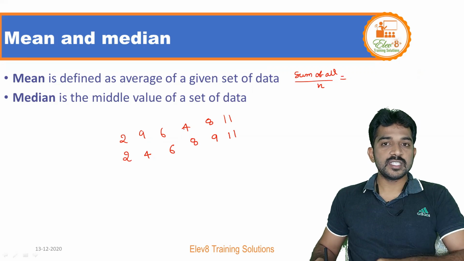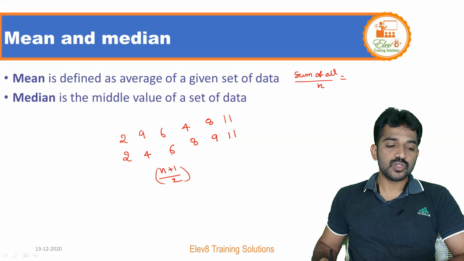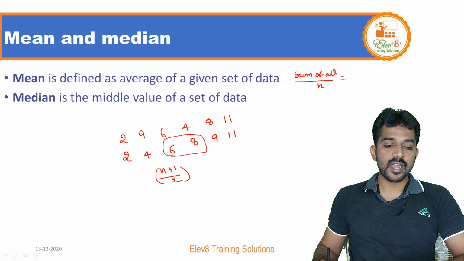If it is odd, you simply take the value at position (n plus 1) by 2. Here the series is even, so we take the middle two values and find their average. That is the median of the given numbers.